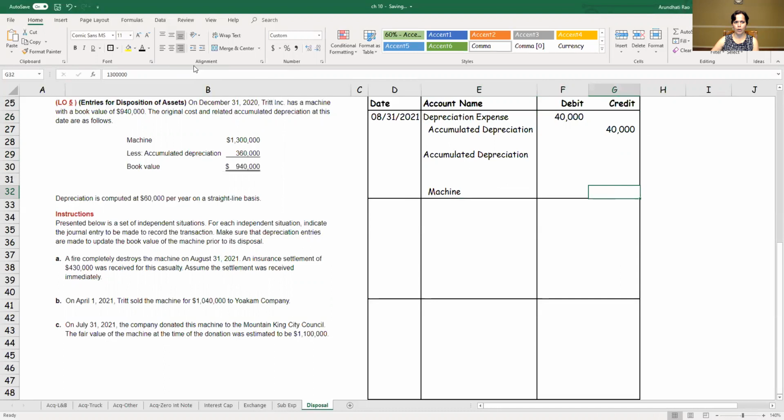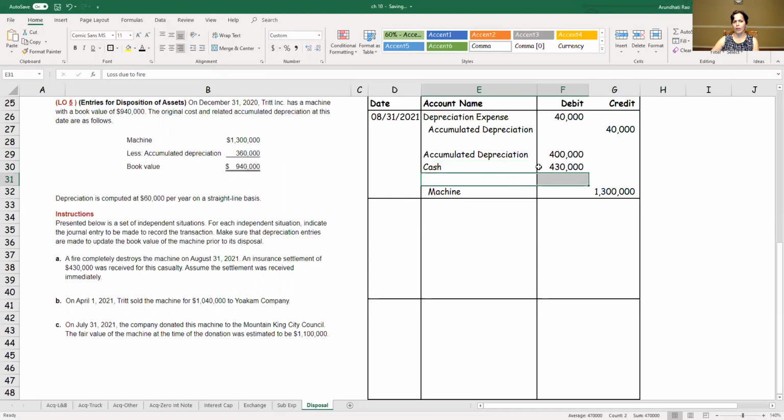I know the original cost of the asset is $1.3 million. Accumulated depreciation was $360,000. I did another $40,000 in this journal entry, leaving me with $400,000 in the accumulated depreciation account. I also got $430,000 from the insurance company. So that's cash debit, $430,000.